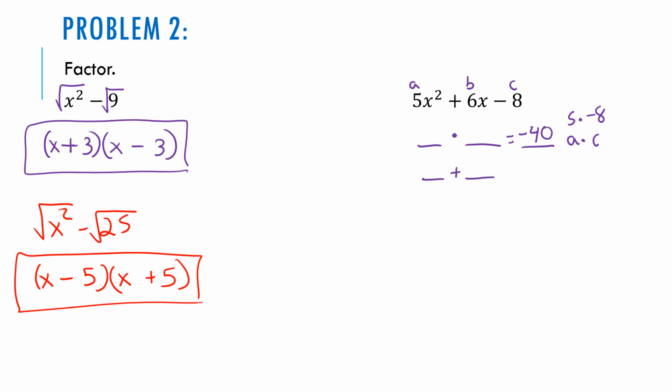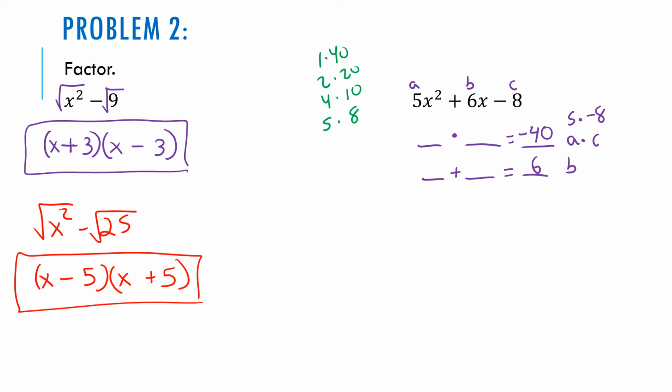And those same two numbers we've got to figure out also have to add to b, which is 6. So numbers that multiply to give me 40 are 1 times 40, 2 times 20, 4 times 10, 5 times 8. I think that's all I can think of.